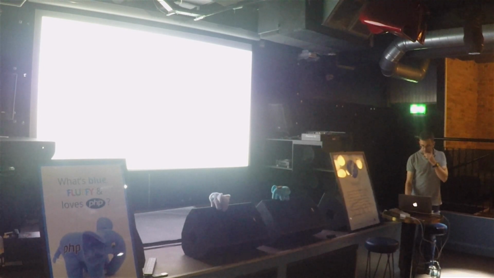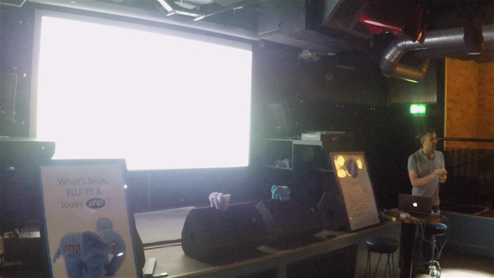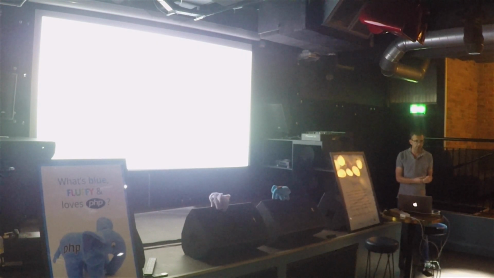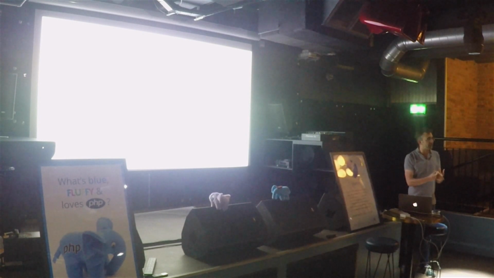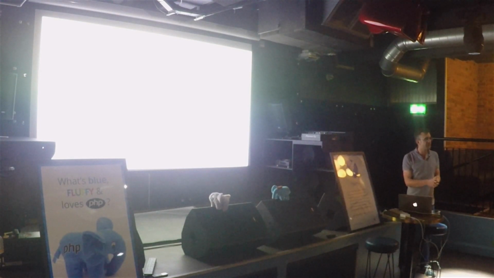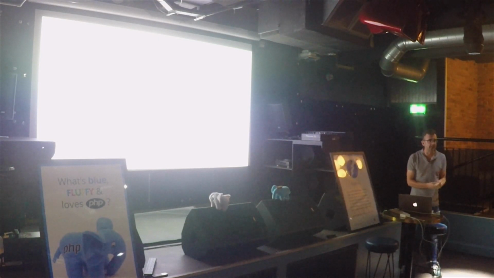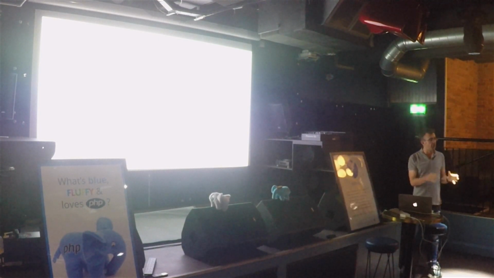But before I move off this slide, I should just point one thing out. The nice thing about PHP is you can start off with, let's say, relatively low quality code, and the barrier of entry is a bit lower. With PHP, as opposed to languages like Java, you don't have to understand things like the type system. You don't have to understand things like generics to code away.